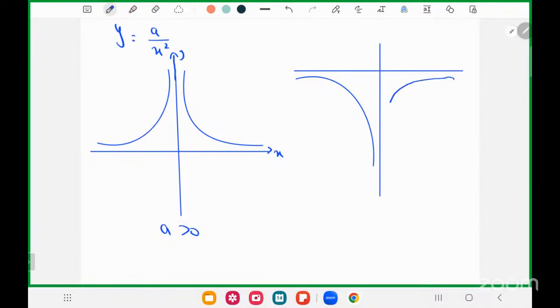A is less than 0 means a is negative. So if a is greater than 0, both parts of the graph will be above the x-axis. If a is less than 0, both parts of the graph will be below the x-axis.